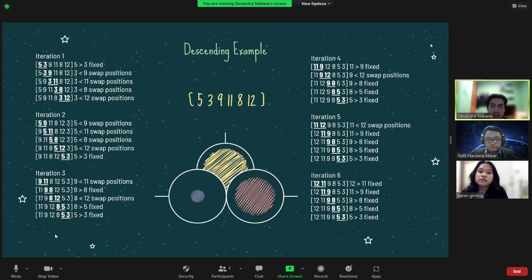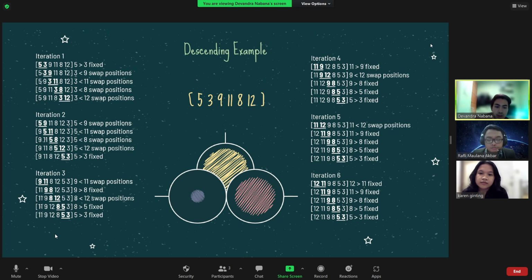And then the descending example. There is the same iteration from the front until the end, and this is iteration 1 until iteration 6, and this is the same iteration.